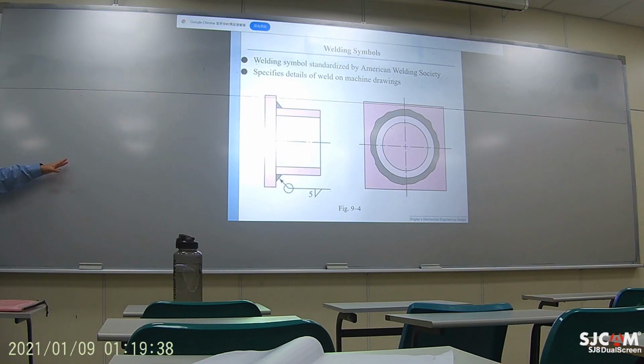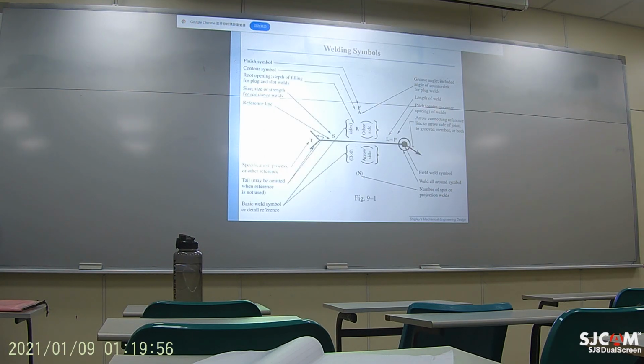So if you view it from the side, that's how it looks on the left figure. If you take a look from the front, then it looks something like the right figure. Okay, so there are symbols to represent what kind of welding it is.